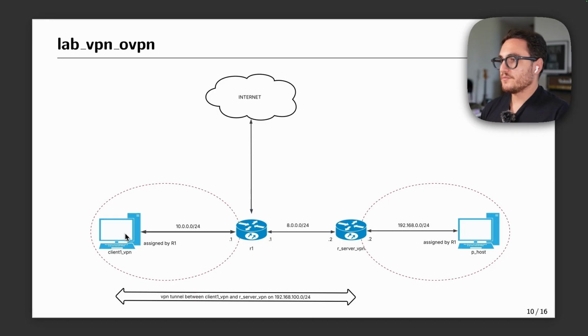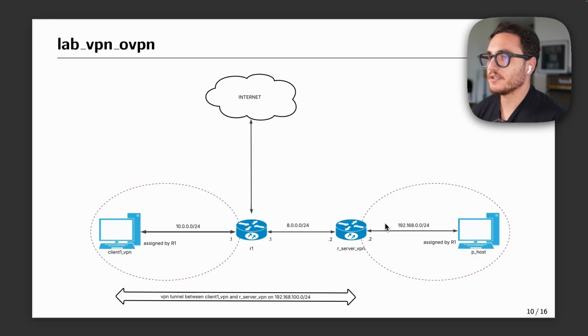We have client 1 VPN that's going to participate in the VPN, and we're going to have our server VPN that's going to be our server and certification authority for the entire network. Our server VPN is going to give access to client 1 VPN to the subnet that is behind it. So client 1 VPN does not know how to reach the host through R1, but by creating a tunnel between client 1 VPN and our server VPN, we'll be able to reach what's behind here.